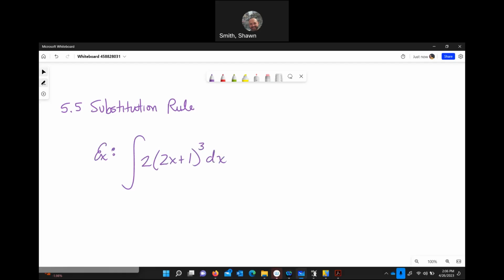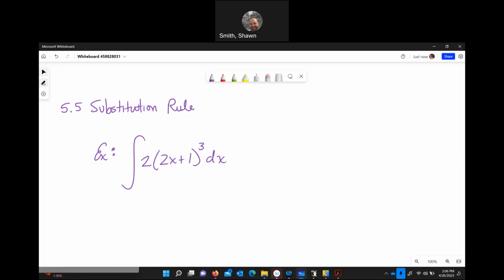Now, we could sit here and cube the binomial and then multiply by 2, distribute it across, get a nice polynomial, and do the antiderivative, which avoids all the substitution. But you can see that this is a composite function. You have something in the parentheses, you must do that first, cube it, and then multiply it by 2. So there are several steps happening here.